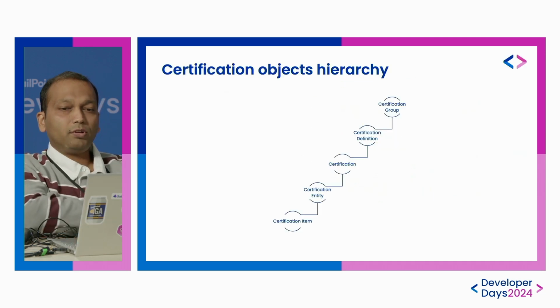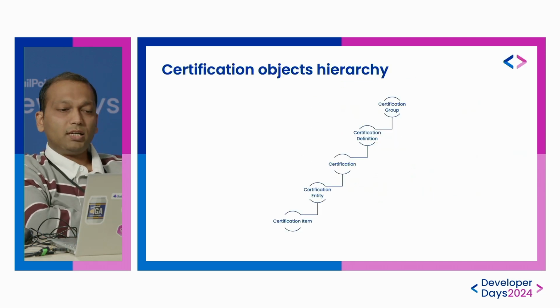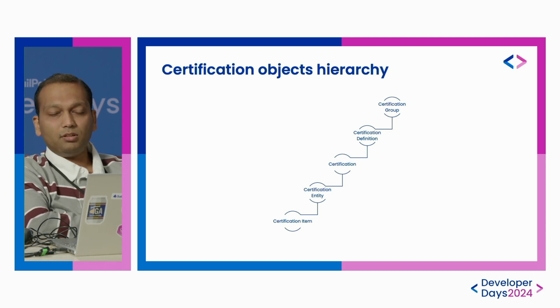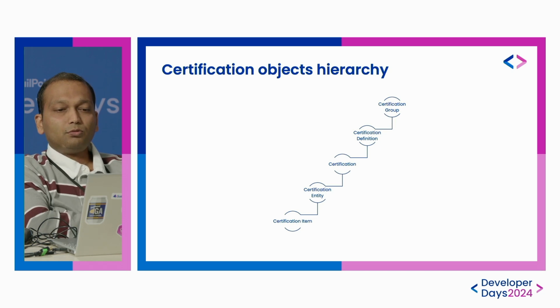Also, I'm going to quickly talk about certain certification objects which are pretty important if you need to implement a complex scenario or custom certification solution like this. To do any custom coding or any BeanShell coding with the certification objects, it is very important to understand the certification objects hierarchy in SailPoint.